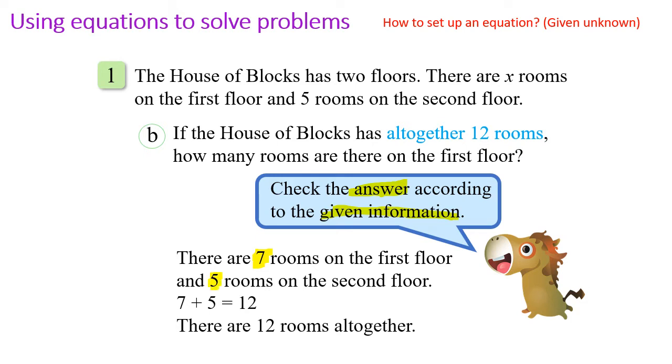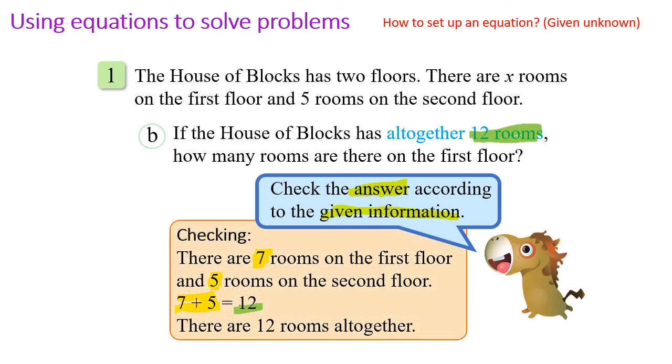So you add these 2 numbers together, and you find that the sum of these 2 is 12. These 2 floors altogether have 12 rooms, which matches the information given before. Then you will know that you get the correct answer, because the numbers are the same.